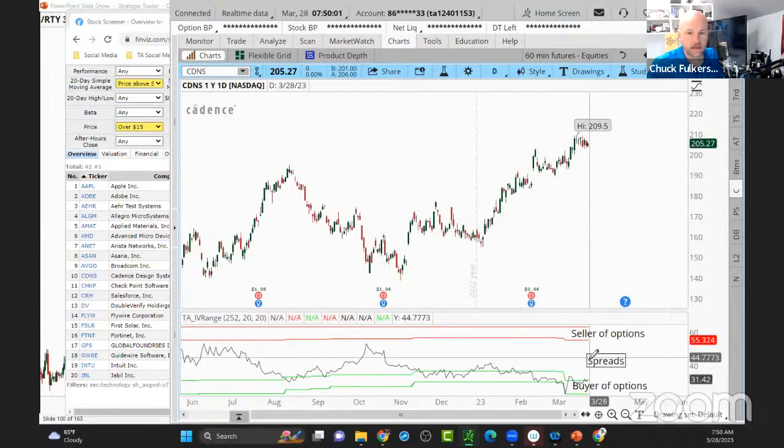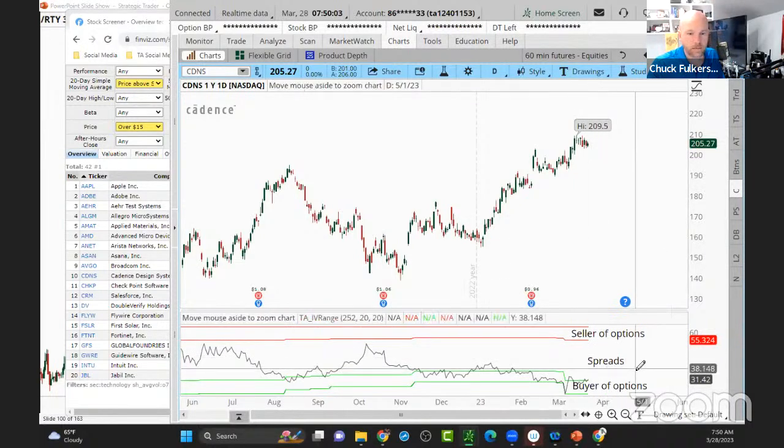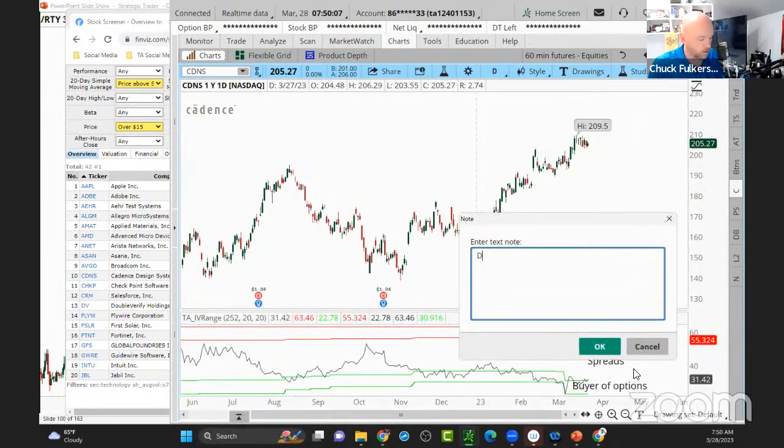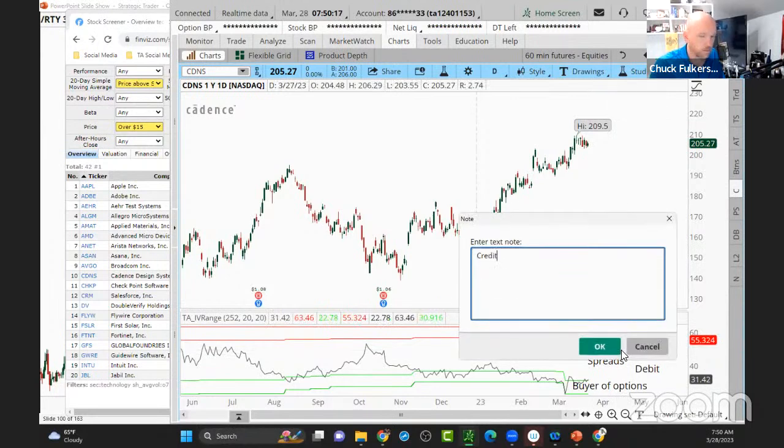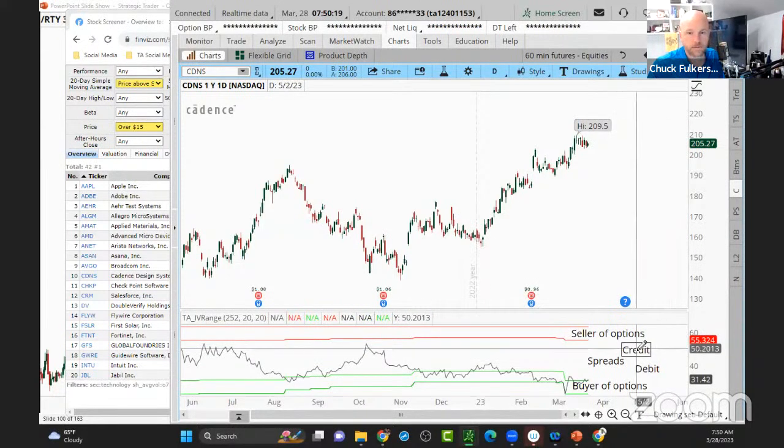And ideally, we say spreads, but really below 50%, I probably more often want to do debit spreads. And above 50 is probably where I'm more likely to do credit spreads, right?